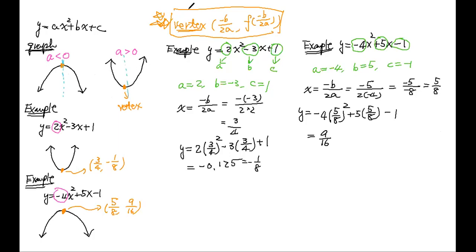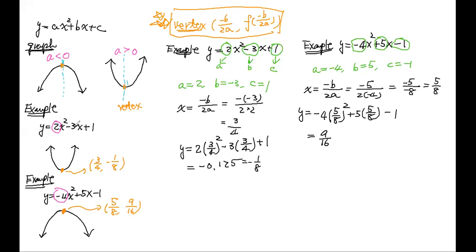This is a terrible graph, but this blue line is right at the center of this parabola. So when you fold both sides, they will match. That's why we call this the axis of symmetry.